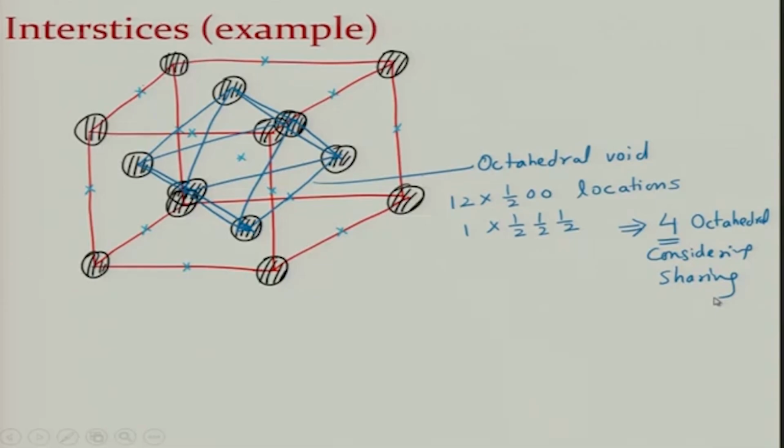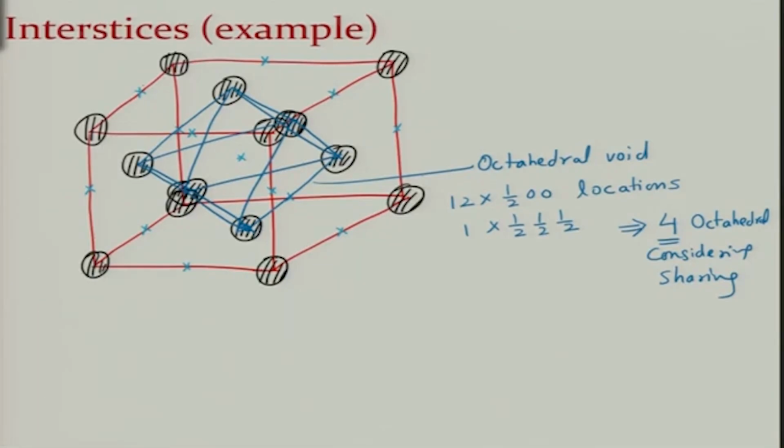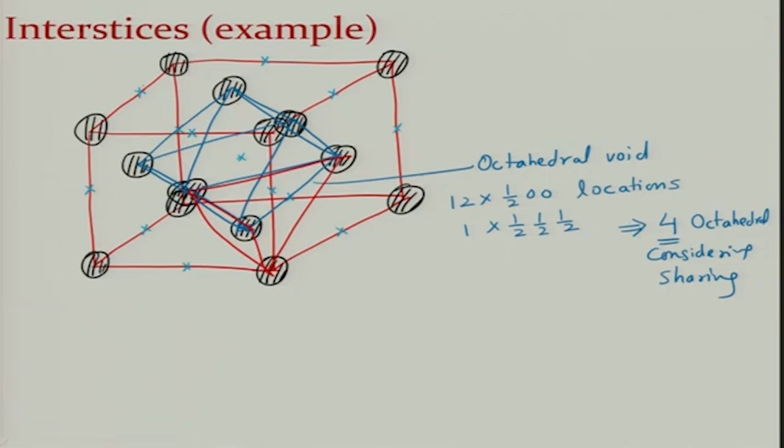All right. Now how to draw the tetrahedra? Tetrahedra is again very simple. Tetrahedra is basically formed by atoms. So if I connect this atom, this atom, and this atom, and put all of them together, then I form a body which is called as tetrahedra. Let me just use a different color, maybe a green color.